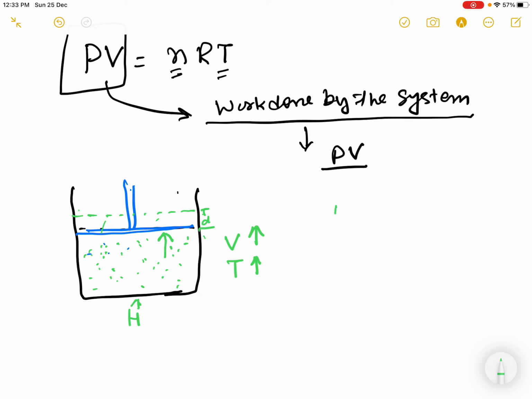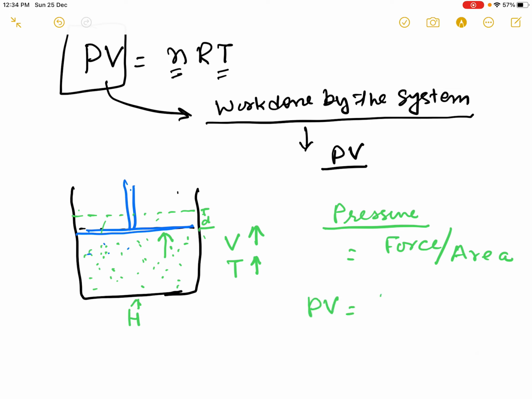So pressure is, what is pressure? We have studied in our earlier classes that pressure is force per unit area. And what is volume? PV, force divided by area into volume.